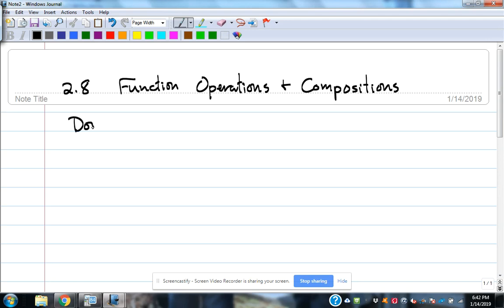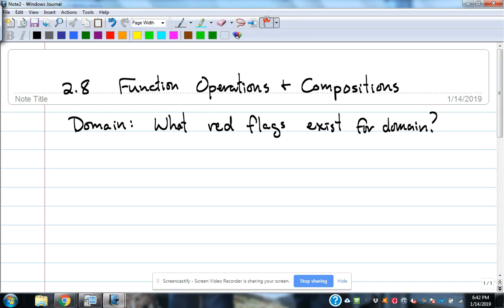So let's, again, discuss domain. Remember in 100, we talked about domains of functions. What red flags, I think that's the name I gave them, exist for domain? There were two of them.